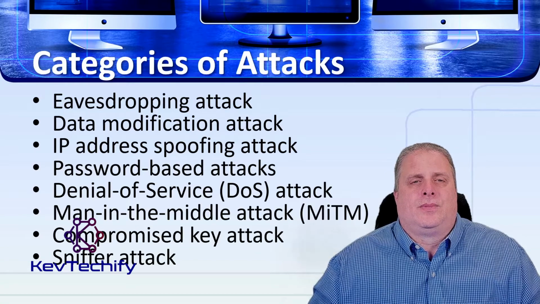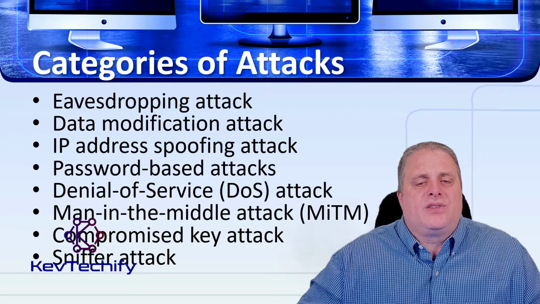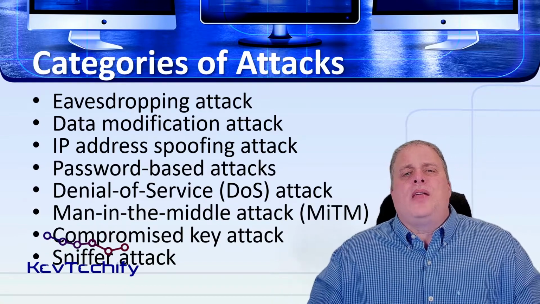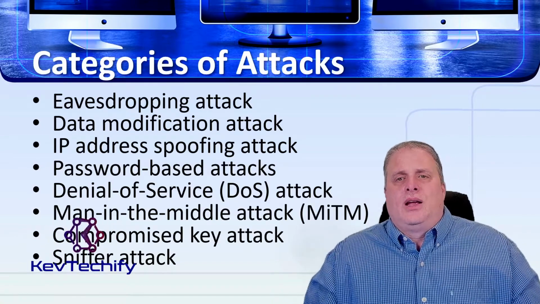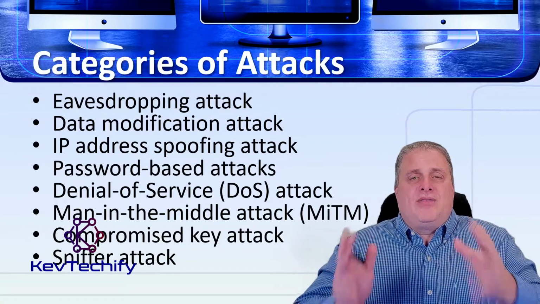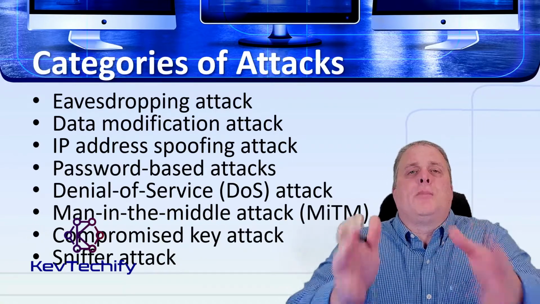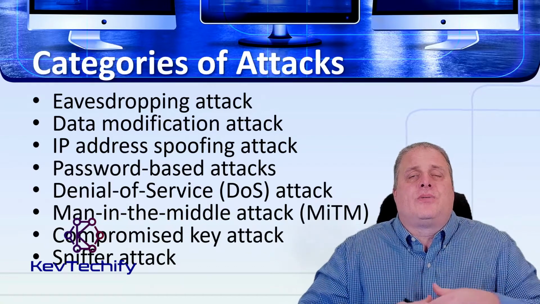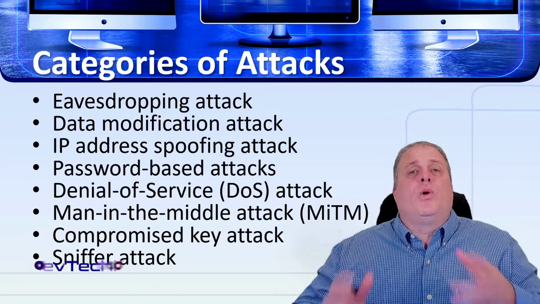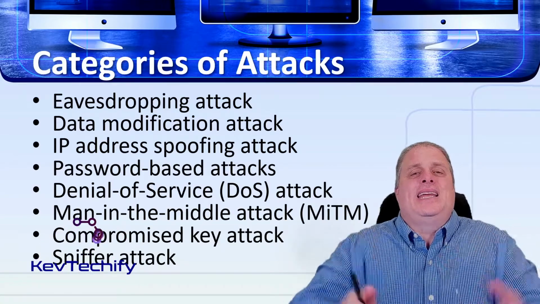A denial of service attack prevents normal use of a computer or network by valid users. So people who are supposed to be getting this, you have an e-commerce site, you have customers coming and buying stuff. If there's a denial of service attack against that server, people who want to buy stuff from you can't get to it.